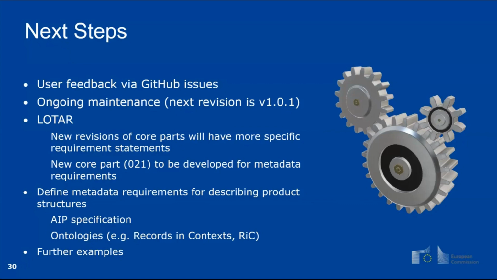So we need some way of creating hierarchies of AIPs, which can be seen as a structure, and we can understand the structure and reference the other parts of the structure within them. So that's a piece of work which is going to be ongoing. That may be reflected within the AIP specification. The AIP specification does today talk about split AIPs and flat structures, but we need to start looking at hierarchical structures.